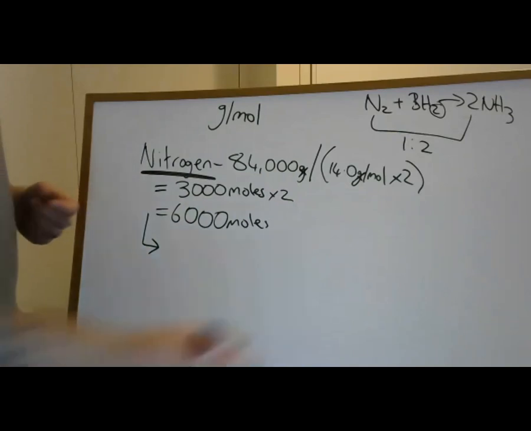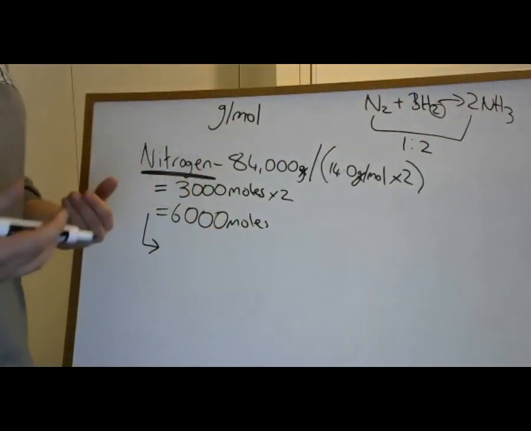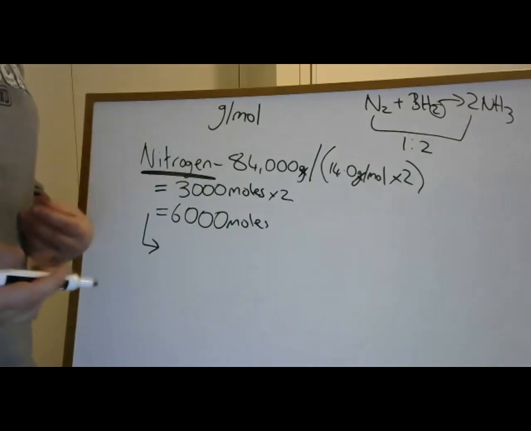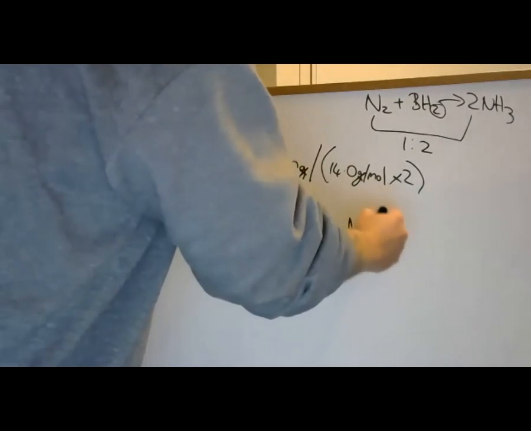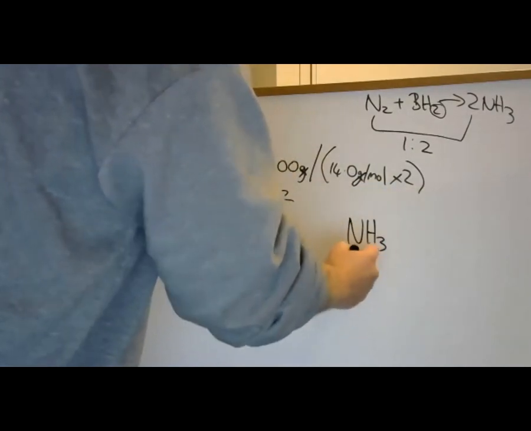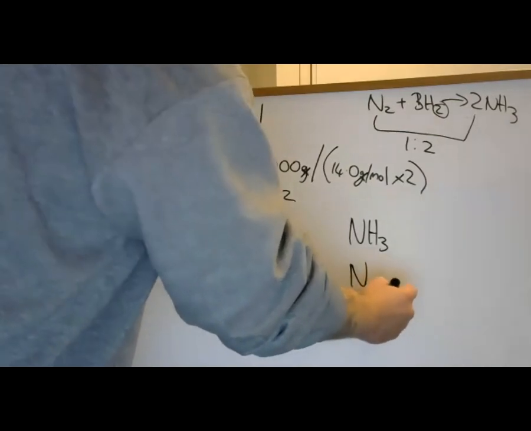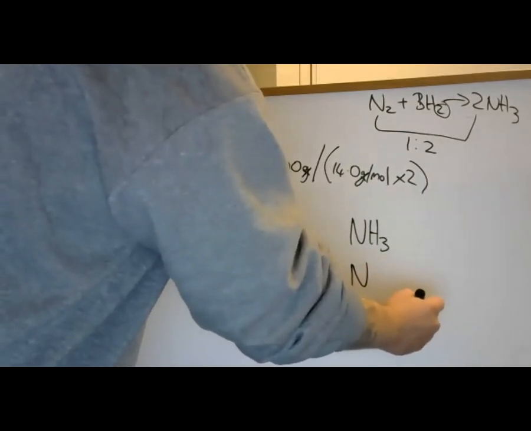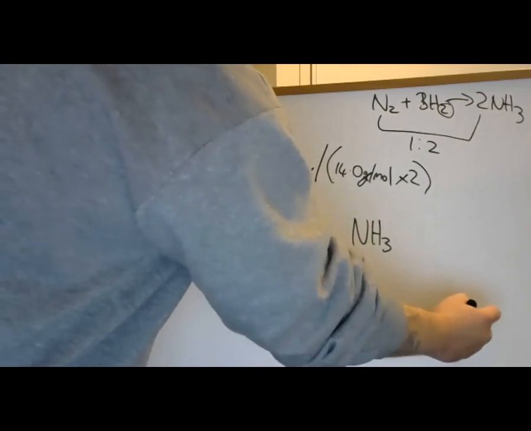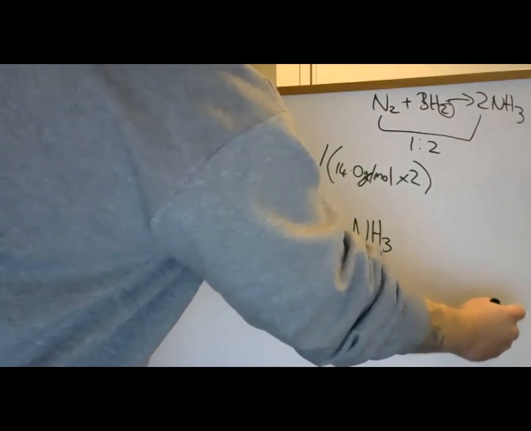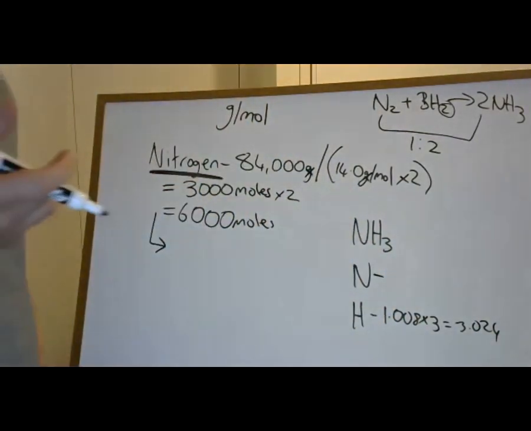We have NH3, so we need to know the molecular mass of NH3. That's nitrogen and hydrogen. Hydrogen is 1.008 times 3, and nitrogen is 14.01.